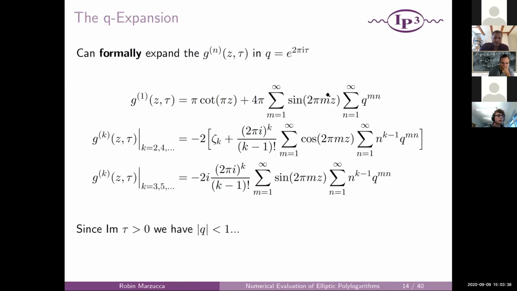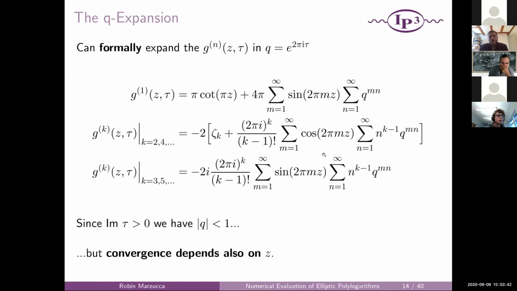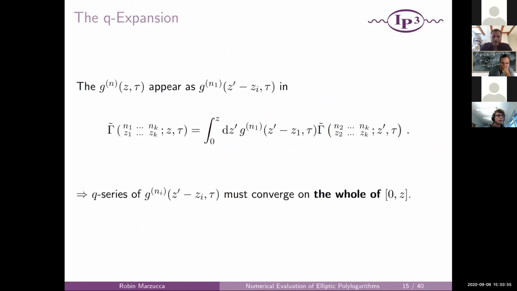However, we also have this dependence on z here, which is also a complex number. So we'll have to be a little more careful, because the convergence of this series also depends on the value z. If we consider this recursion for the elliptic multiple polylogarithm, we have this integral over z prime of G of z prime minus z1.